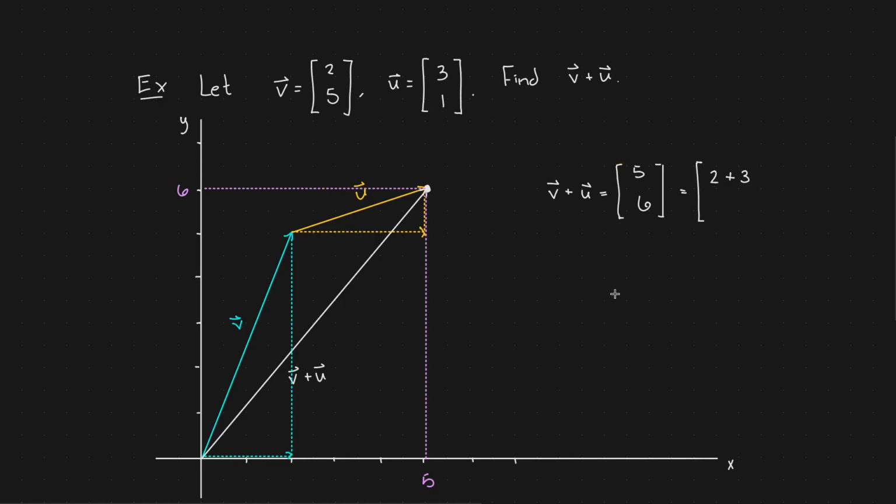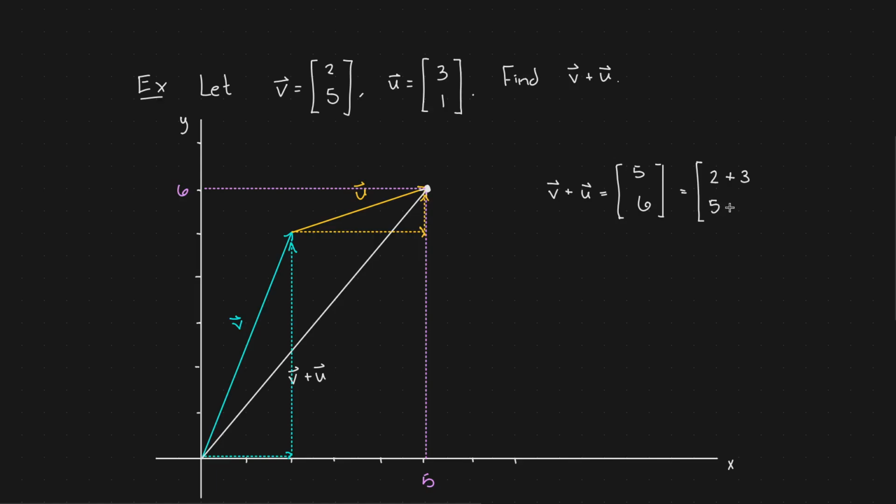Makes sense. Okay? And similarly, if I just focus on the y motion, for vector v, I moved 5 units, and then when I had my vector u motion, my net change in the y direction was 1 unit.